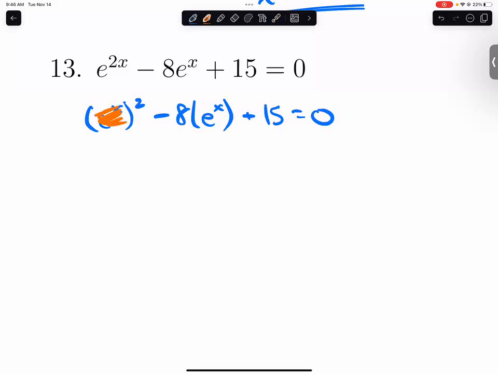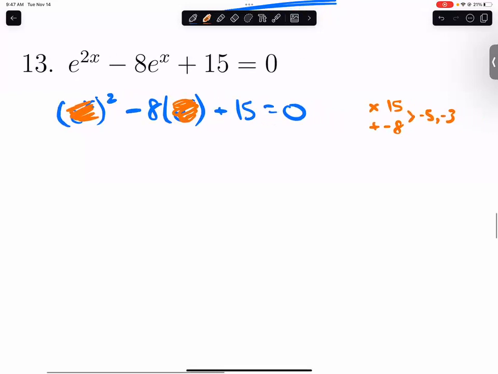So let's treat it like a quadratic with a is 1, b is -8, c is 15. So can we find things that multiply to 15 and add to -8? -5 and -3. If you didn't want to factor it, you could use the quadratic formula, right? That's fine too.